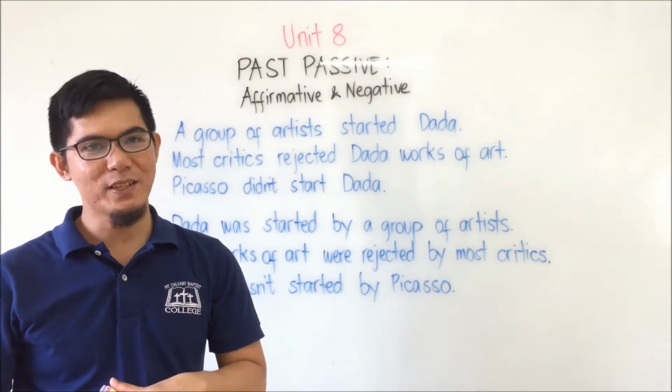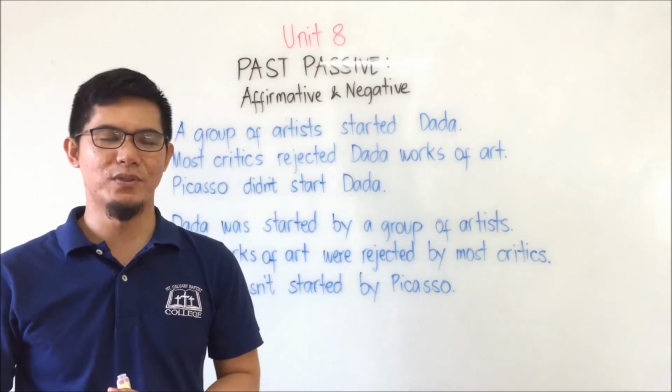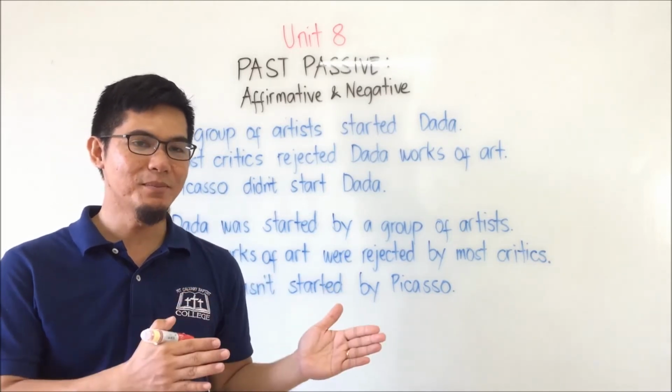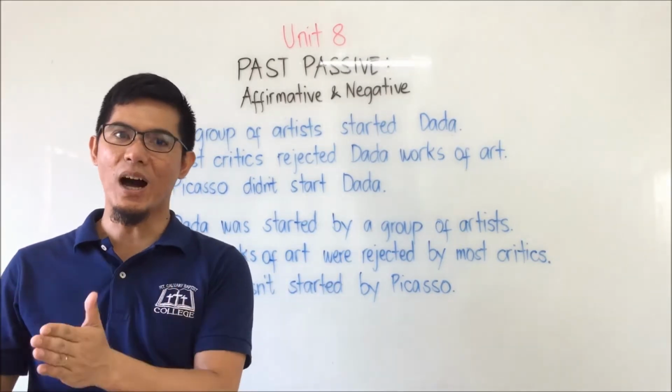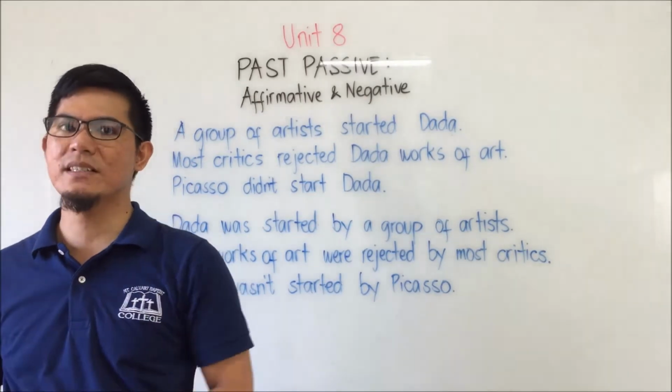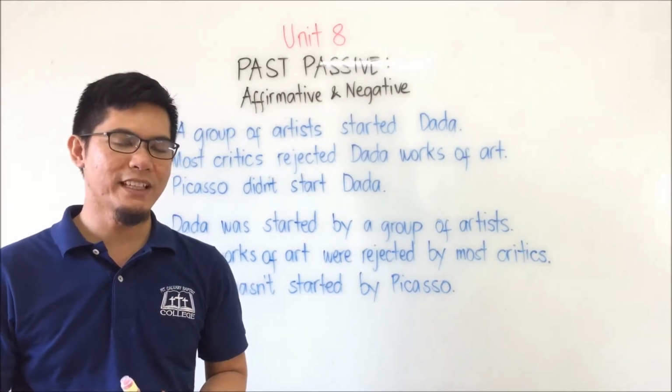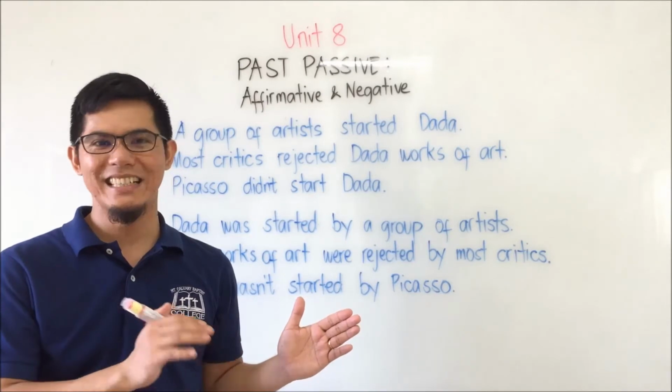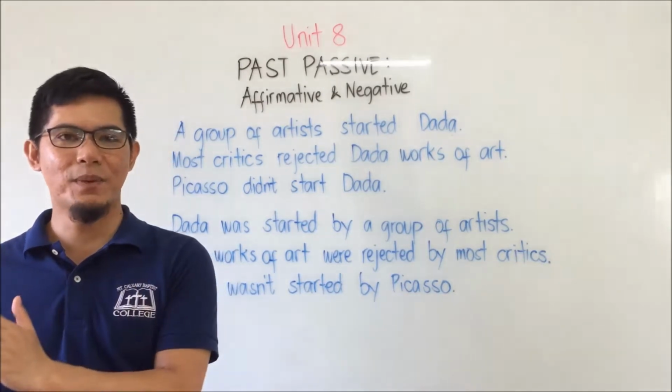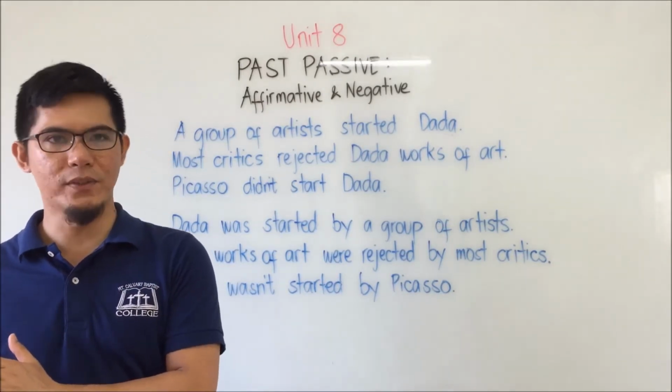In present passive, we had two rules. We use is, are, plus the past participle form of the verb. For the negative, we use am not, isn't, aren't, plus the past participle form of the verb.